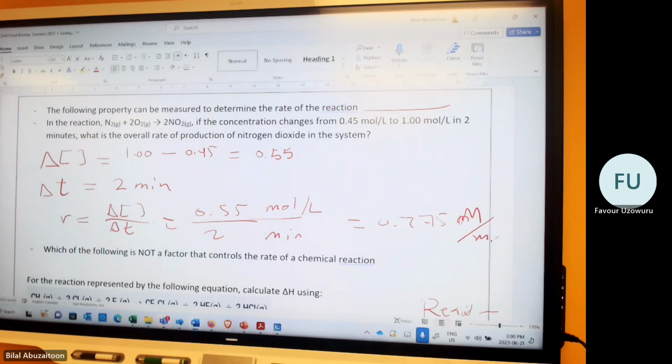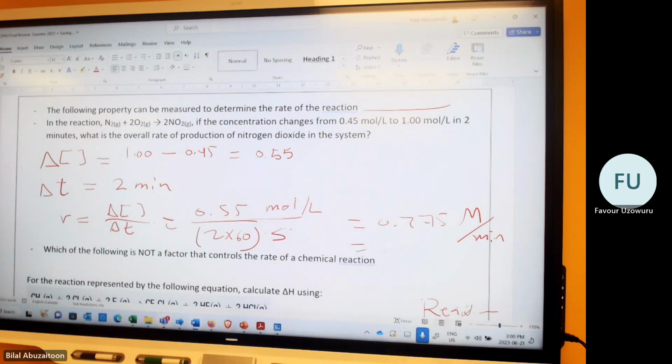If it's a multiple choice question and gives you molar per second, then you need to convert the minutes to seconds, so divide by 120.